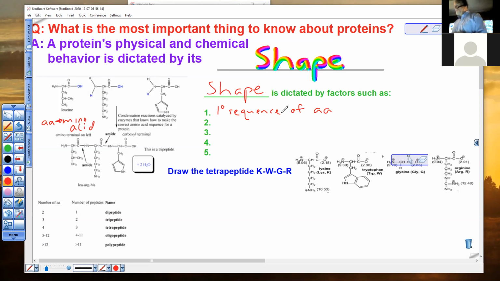Then you have forces that cause this primary structure to fold in on itself. And a large part of that is hydrogen bonding. Anion cation attractions.